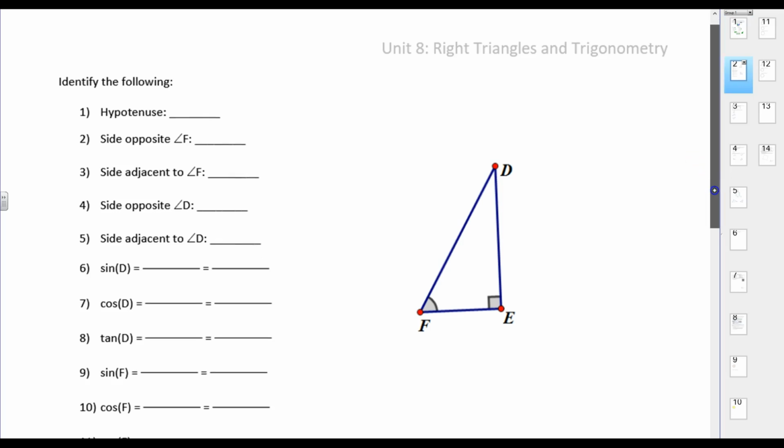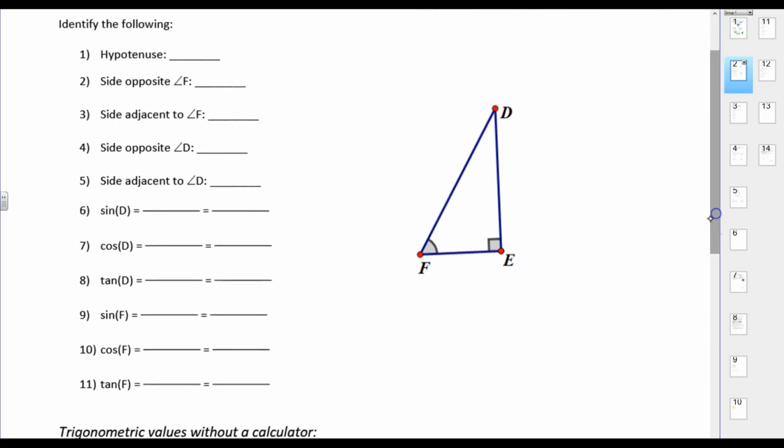So let's do some practice problems. All right, we are going to first identify some sides. My hypotenuse here is FD, and the side opposite angle F is DE. Adjacent to angle F then must be FE because it's not the hypotenuse. This is my hypotenuse.